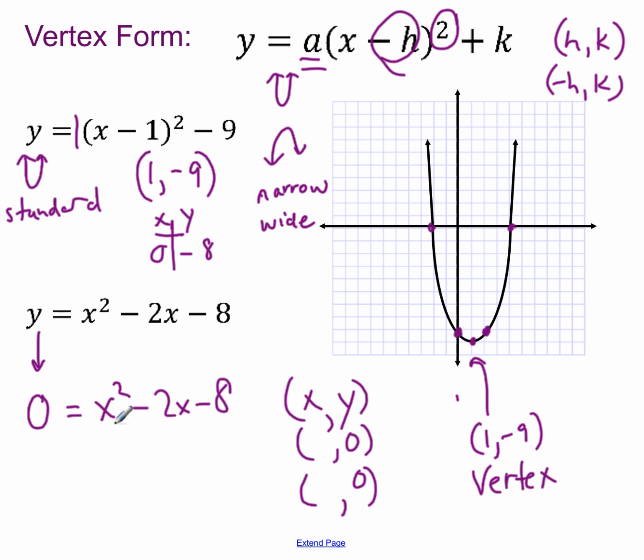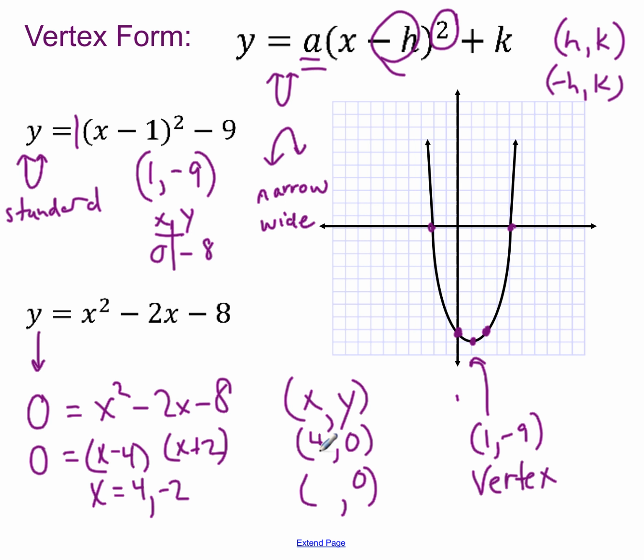So look what I have here. I have a quadratic formula in standard form that equals 0. So what I'm going to do is I'm going to factor it, and I'm going to solve it. And I'm going to get 2 values, 4 and -2 for x. Now both of these are true when y is 0.